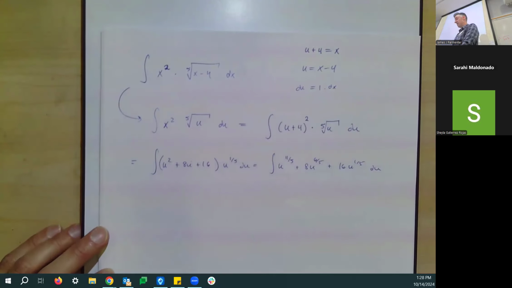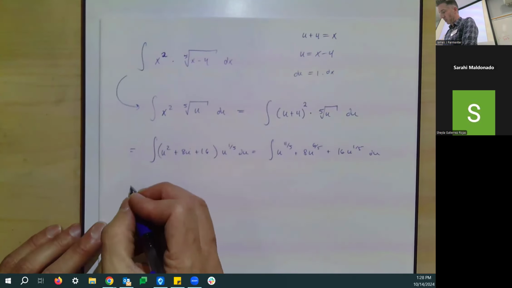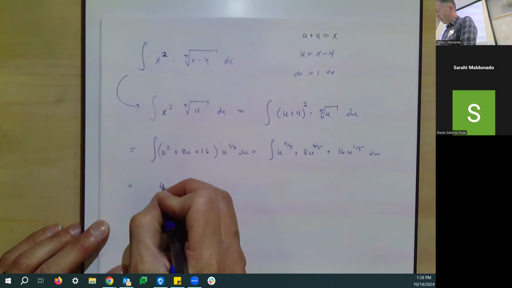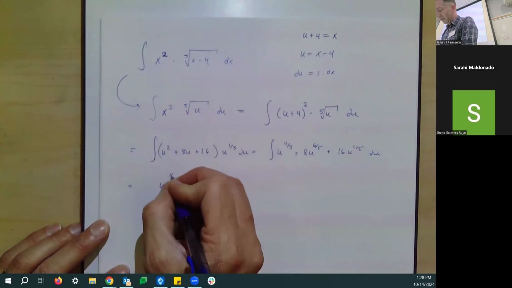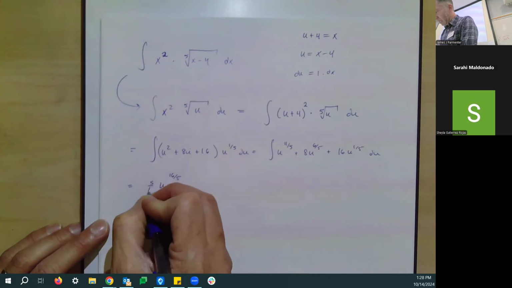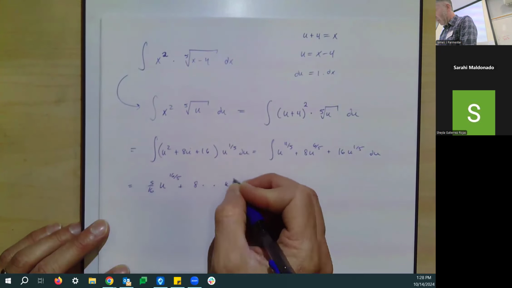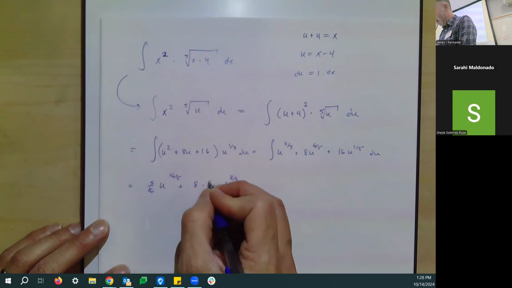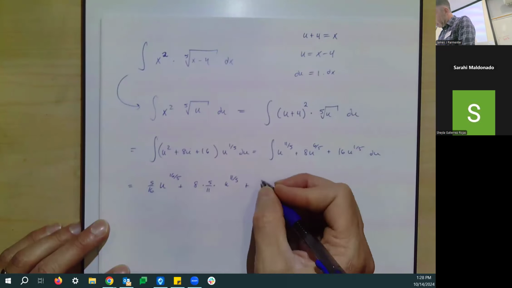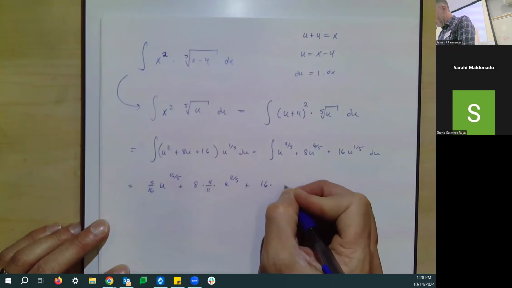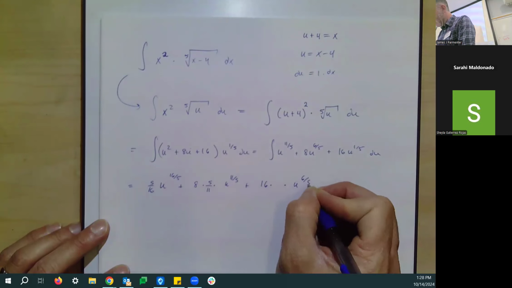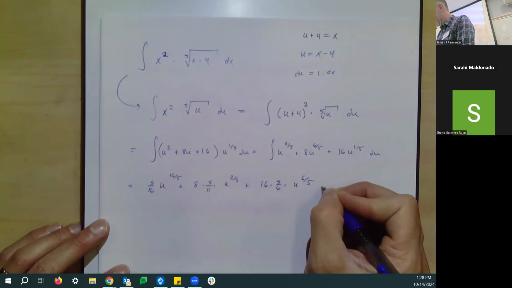Then we apply the anti-power rule to each of these three terms, and we're going to get u to the 11/5 plus 5/5 is 16/5 times 5/16, plus 8 times u to the 11/5 times 5/11, plus 16 times u to the 6/5 times 5/6, plus c.